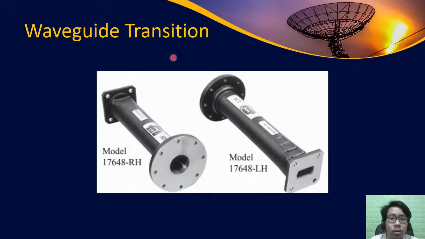And we also have waveguides that convert from one shape to another. Here we have a circular waveguide which is converted to a rectangular, and also a rectangular converted to a circular.